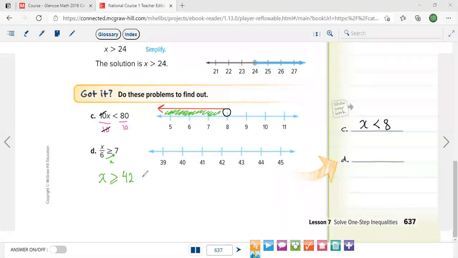So x greater than or equal to 42, we make a shaded circle, moving all the way to the right. And we are going to shade all the part to the right of 42. And don't forget to write it here. X is greater than or equal to 42.